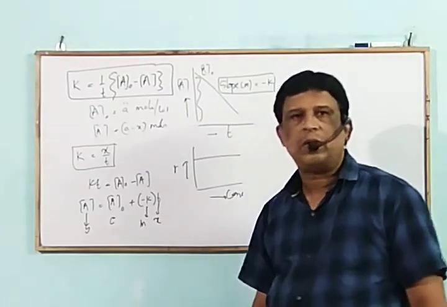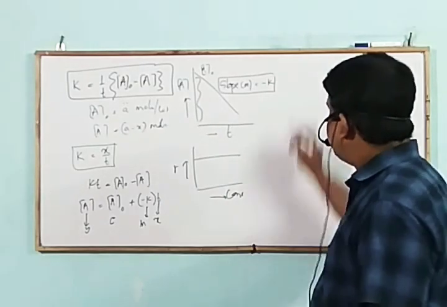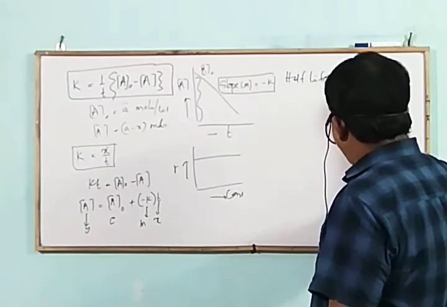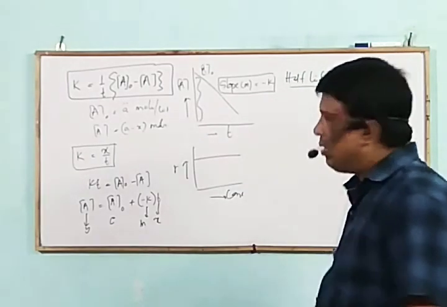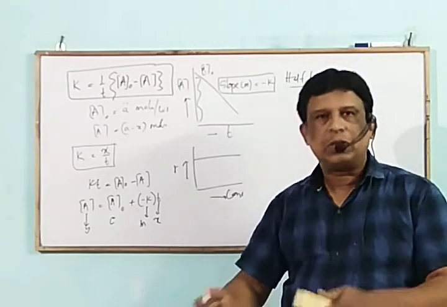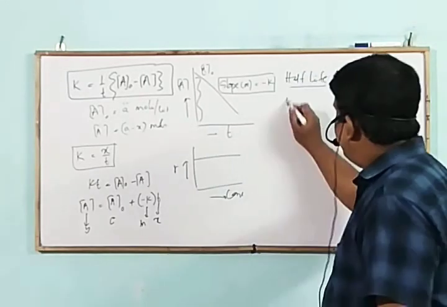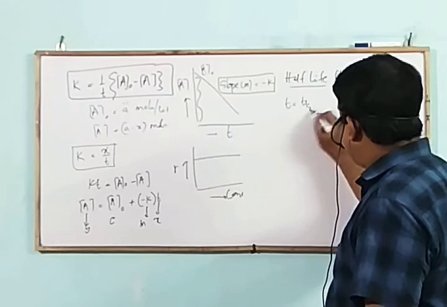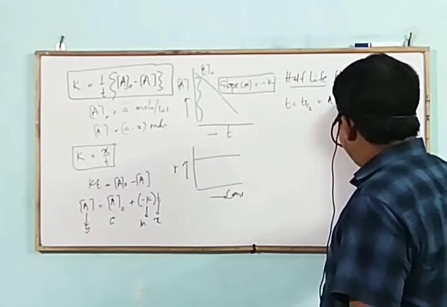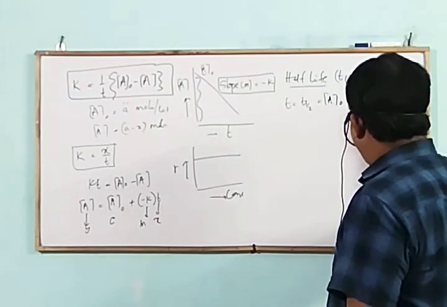Next we discuss the half-life period. What is the half-life period? It is represented by the symbol T1 by 2. It is the time during which the concentration is reduced to half of its initial value. That means when t is equal to t half, the concentration A becomes A naught by 2.